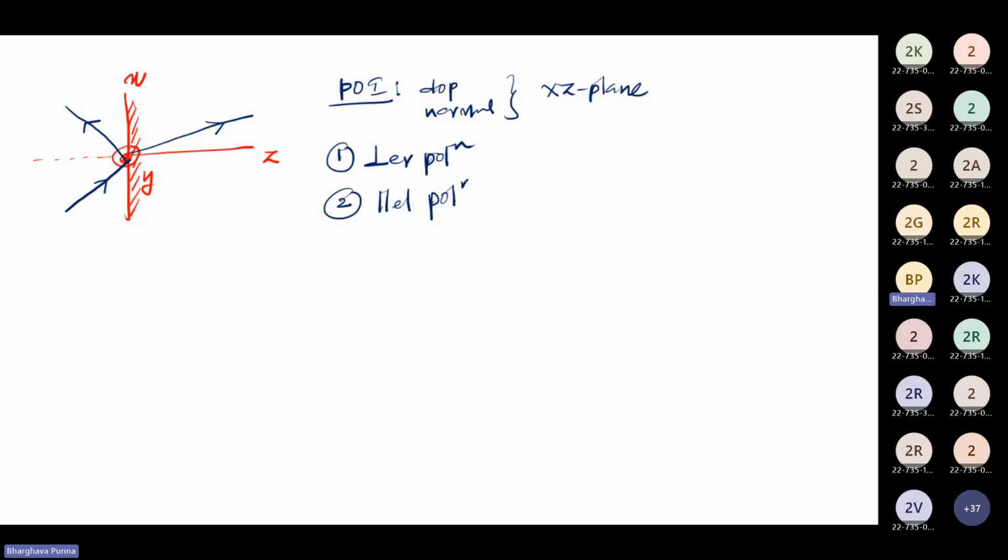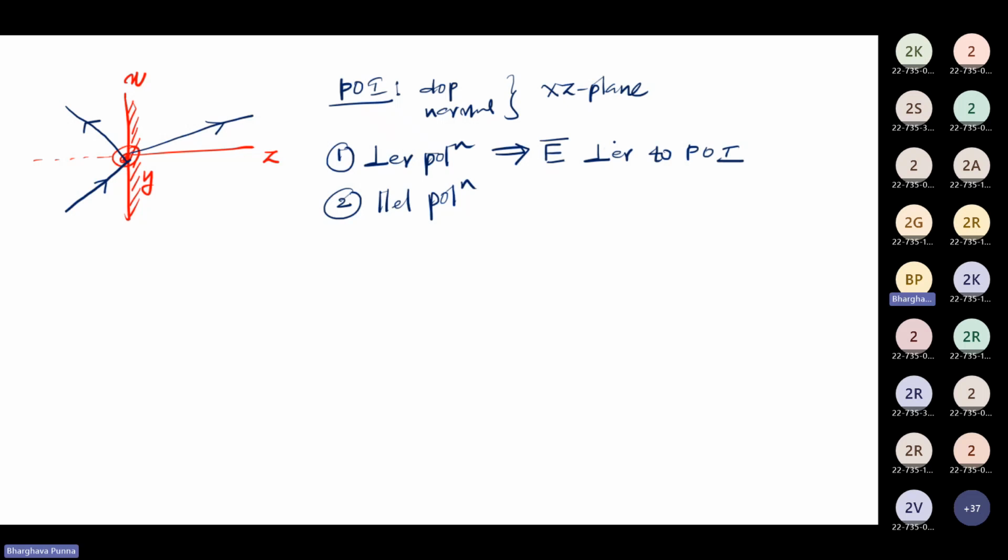In the case of perpendicular polarization, the electric fields of the incident wave, the reflected wave, and the transmitted wave are all perpendicular to the plane of incidence.